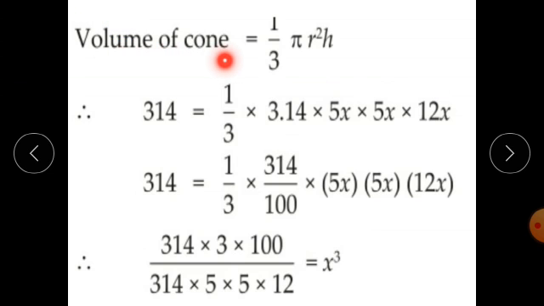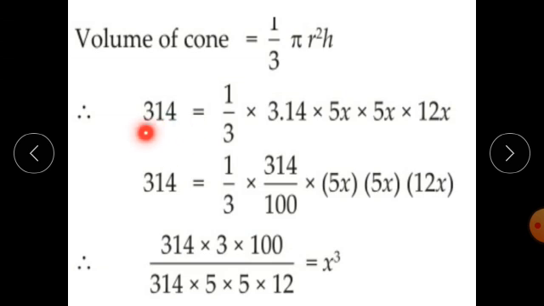Volume of cone equals 1 upon 3 pi r square h, and the volume of the cone is given as 314 cubic meters.